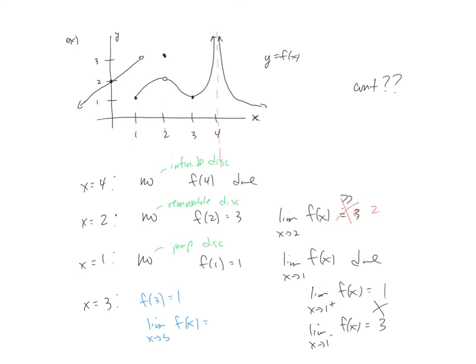As we approach from the left, we're at 1. Therefore, the limit is 1. Since these two numbers match, the answer is yes. Our function is continuous at x equals 3. So again, not only are the yeses and nos important here, but I will ask why, and I'm looking for explanations like we've discussed using the parts of the definition.